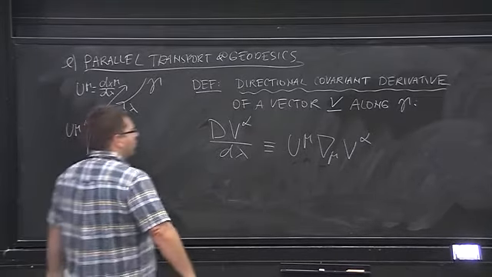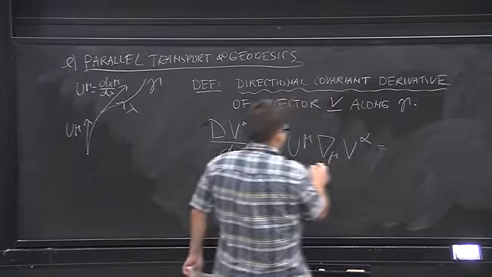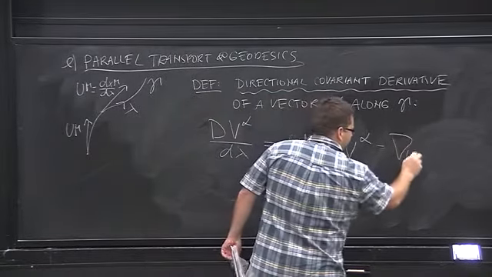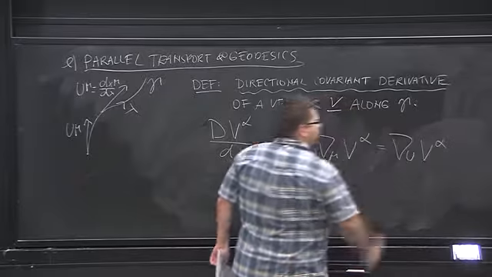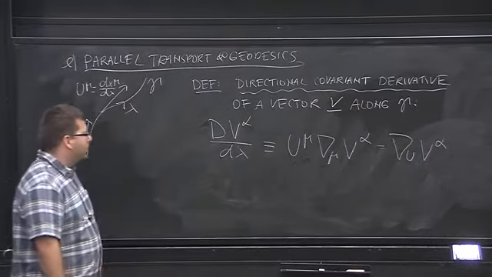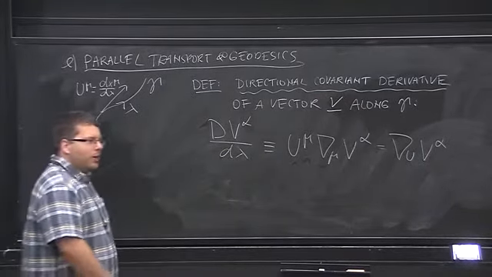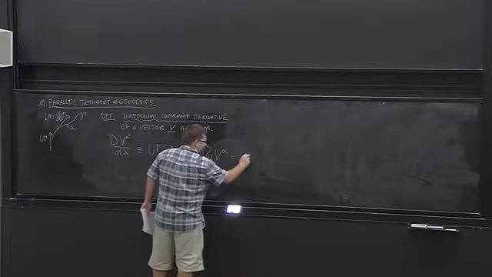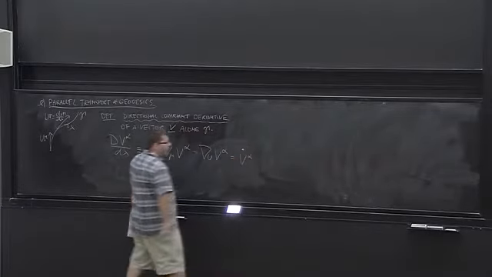Sometimes people absorb this u inside, so they write nabla u v alpha. And sometimes people just write a dot.